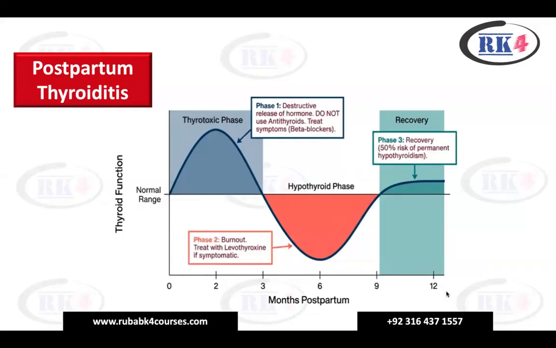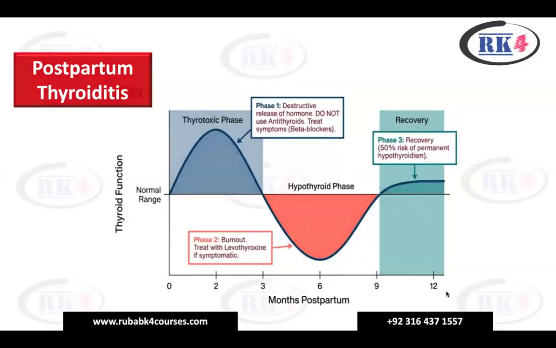She may have a recovery, but remember, after postpartum thyroiditis, there is still a 50% risk of permanent hypothyroidism. A very important exam question can come as a single best answer. And if a patient has postpartum thyroiditis, there is a 70% chance that she'll have a recurrence in the next pregnancy also. That's also an important number.